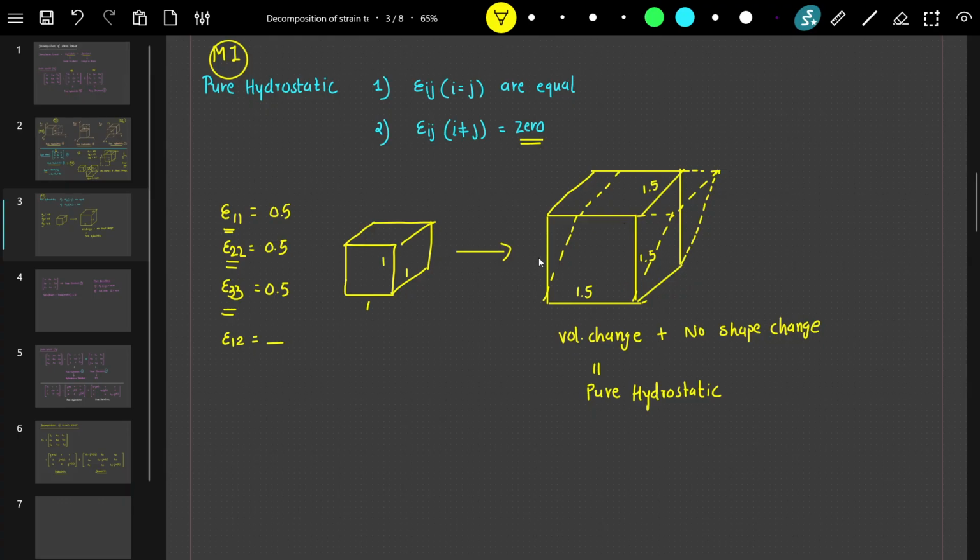So if on top of this strain I add epsilon 1 2, the shape is distorting. So the off diagonal components, that is the shear strain components, should be zero. So these are two conditions: diagonal components should be equal and off diagonal components should be zero.